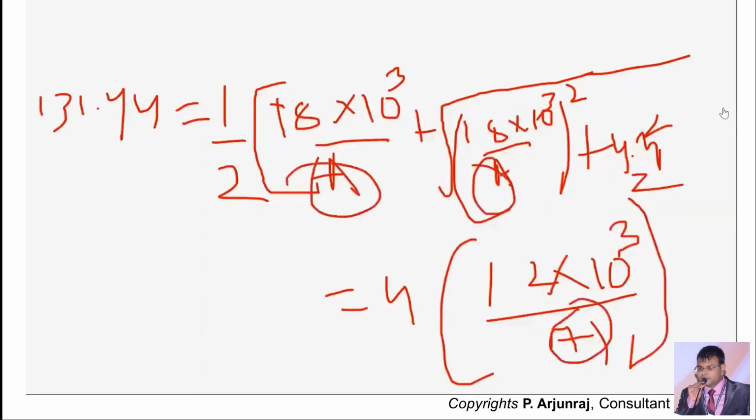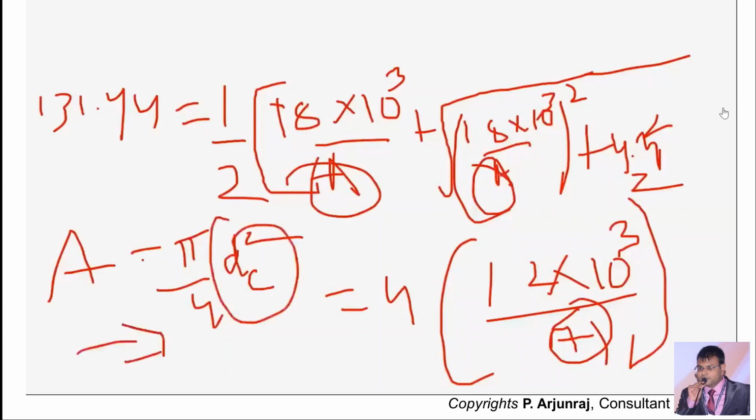So finally when you calculate, area is nothing but pi by 4 d square. So here we are going to calculate the core diameter of the bolt. So this you can directly find out, what is the core diameter of the bolt using the Rankine theory of failure.